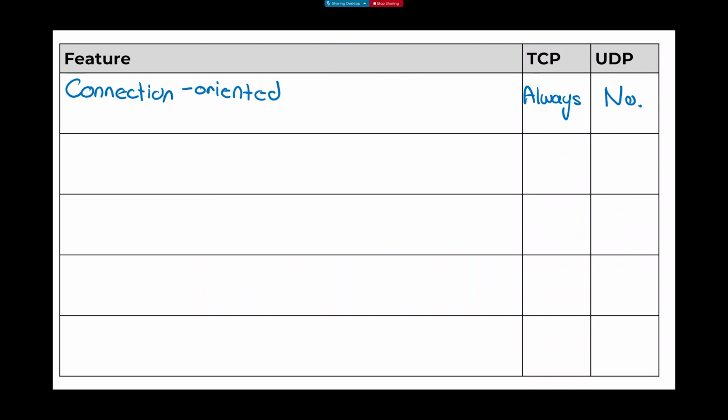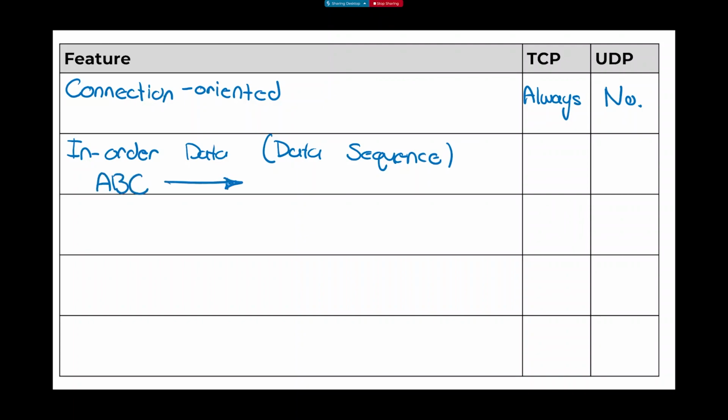The second thing we might care about is whether we have in-order data, so whether we have a data sequence. That means if I send ABC from one computer, do I get ABC at the other computer? Or do I possibly get BCA?